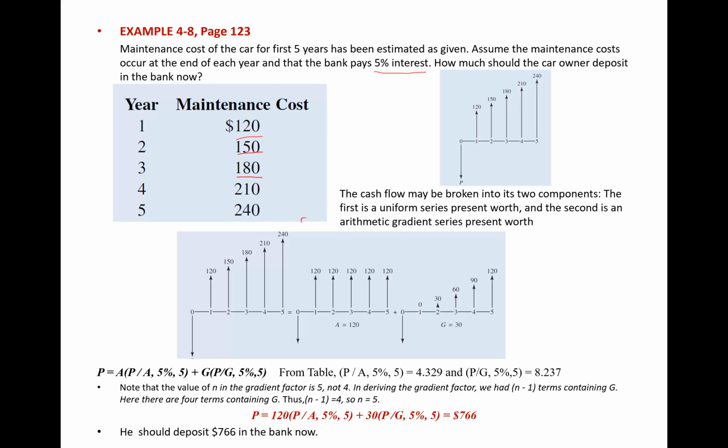We are looking for the amount he should deposit in the bank to cover the maintenance cost each year. If you look carefully, 120 is considered as A, and 150 is A plus 30.